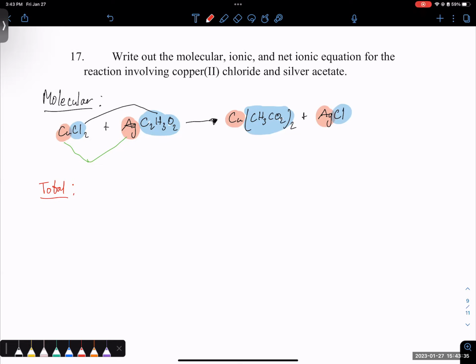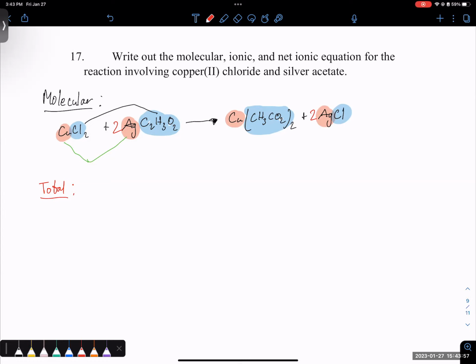There's an uneven amount of chlorine. So how would you balance it? Put 2 in front of the AgCl as well as the silver acetate. Like this? Yes. All right, now is this balanced? Yes. Good catch.